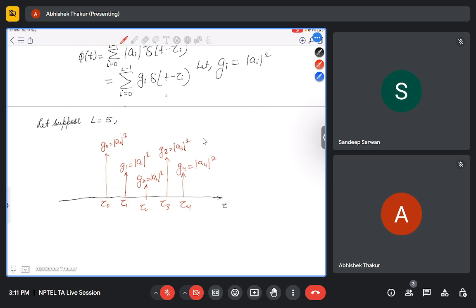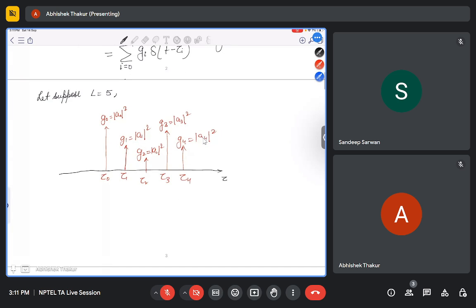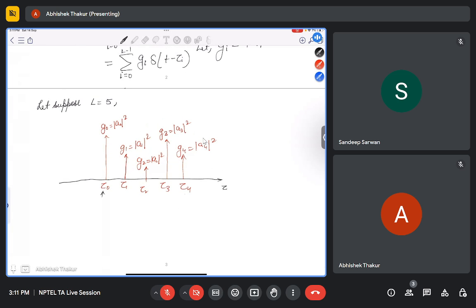Here you can see that the first signal arrived at t equal to tau_0 and the last signal arrived at t equal to tau_4. We now have to find the delay spread. So the complete delay spread will be from tau_0 to tau_4. This is the delay spread.